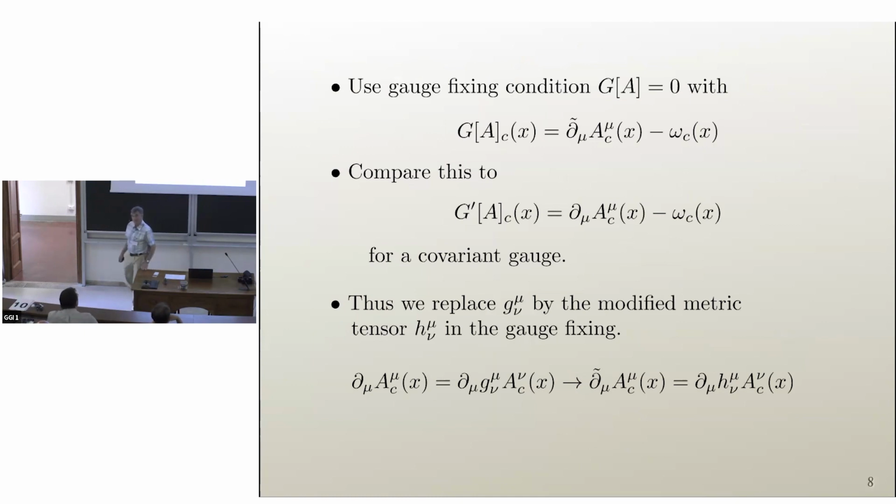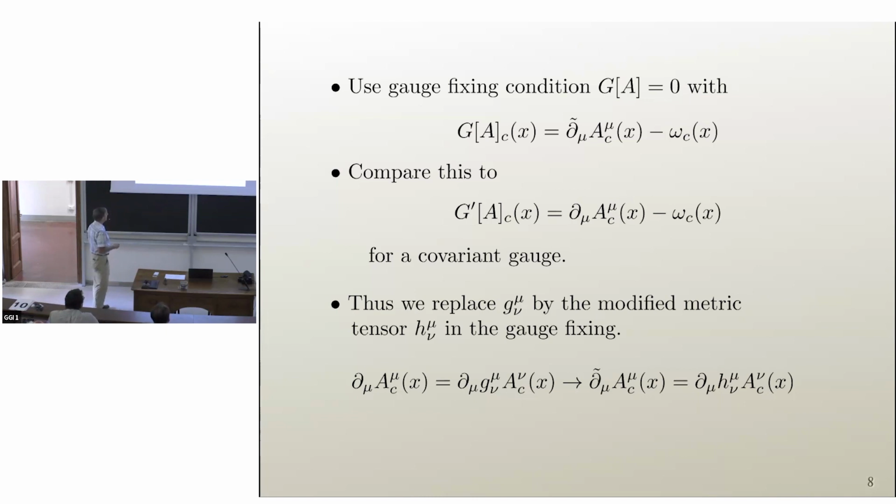Now we can define what the gauge is. We use a gauge fixing condition, d tilde_μ A^μ minus some ω that you're integrating over is 0. For one of the covariant gauges, it's ∂_μ A^μ minus the same thing that you're integrating over equals 0.